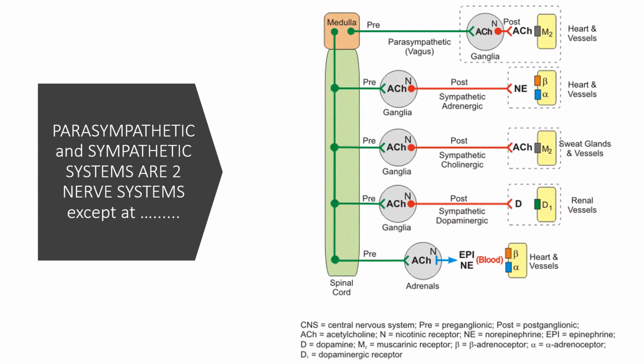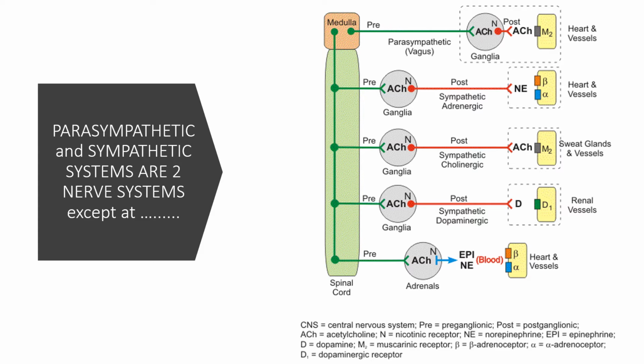Okay, and it's a two-nerve system too. So it goes from the spinal cord as a preganglionic nerve to the ganglia, which, by the way, you'll notice they're nicotinic. That's not highly important.